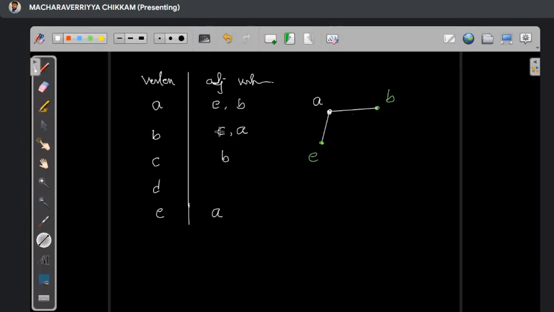Now B is connected to C and A. So let me take C here, so B and C. And when it comes to D, D is isolated. And when it comes to E, E is connected to A. I hope we are done. That is the graph.